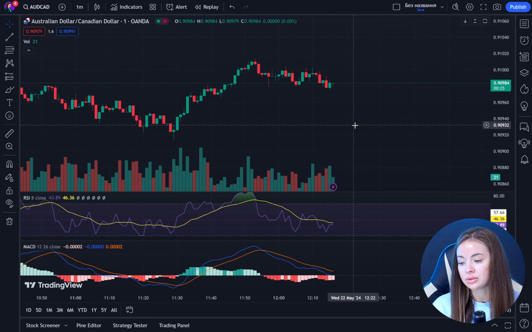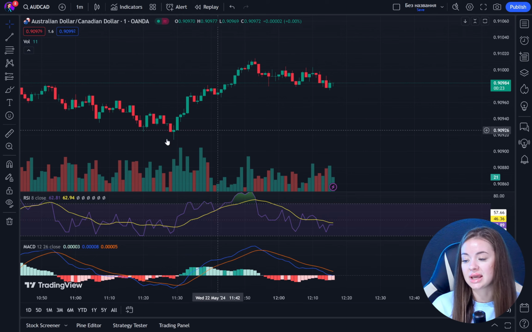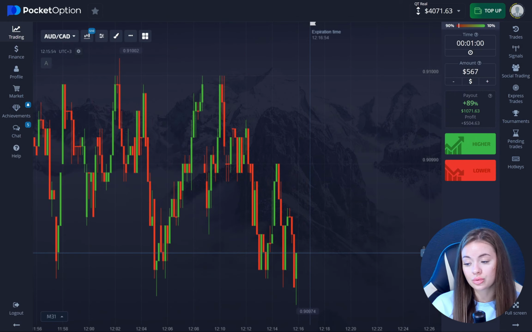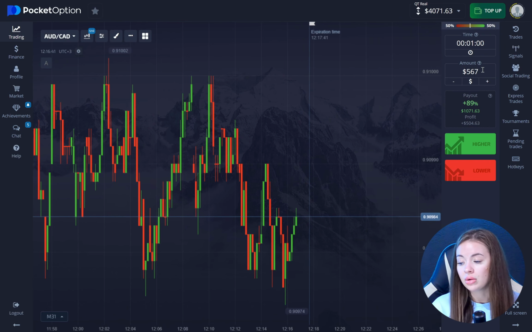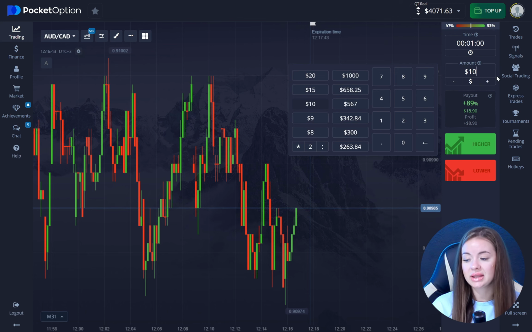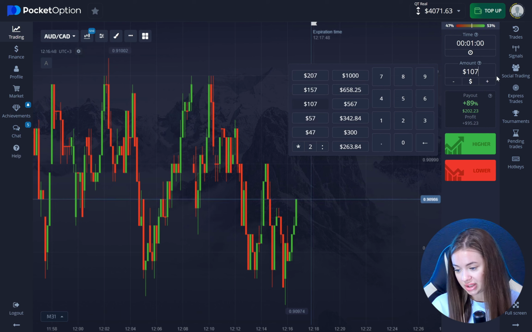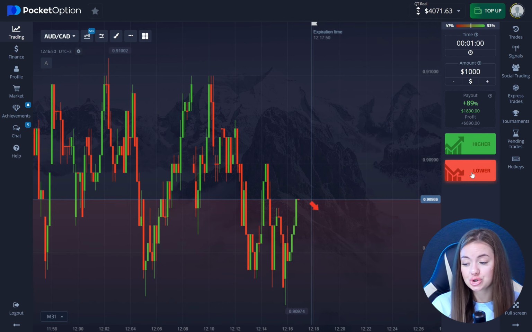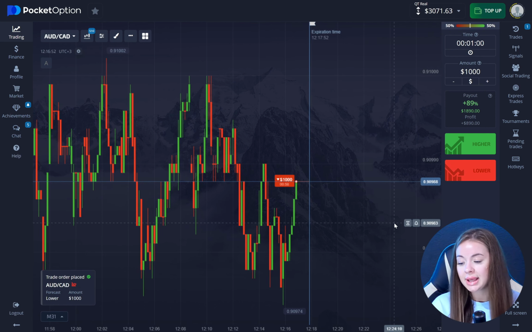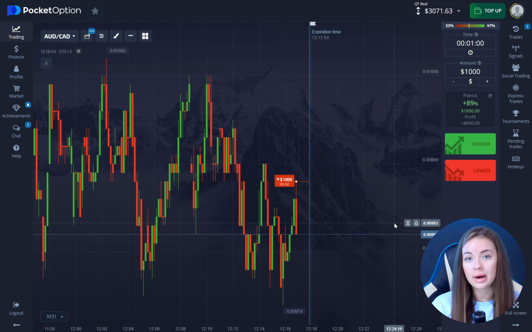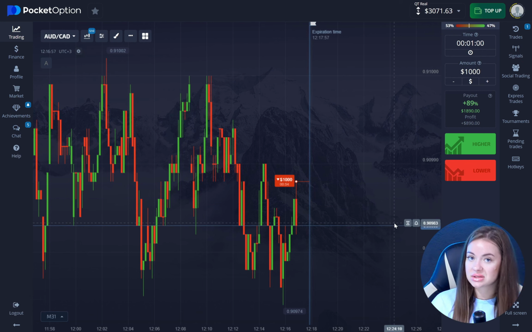Increasing volumes on bearish candles support the continuation of the downward movement scenario. All these factors together create favorable conditions for opening another short trade. I switch to Pocket Option and open another short trade for 1 minute with $1,000.